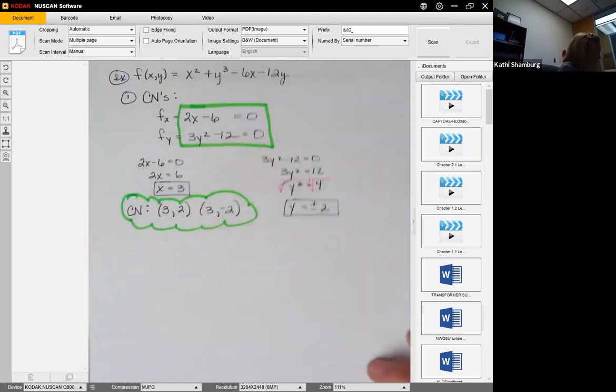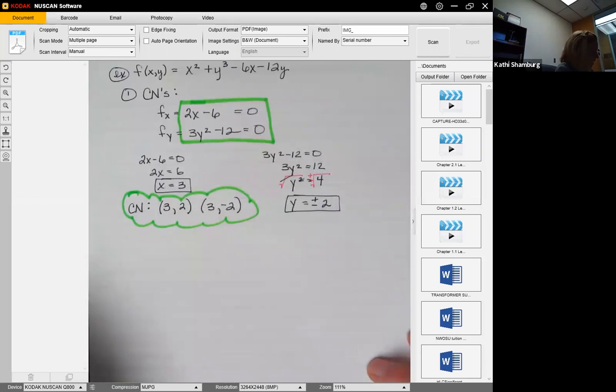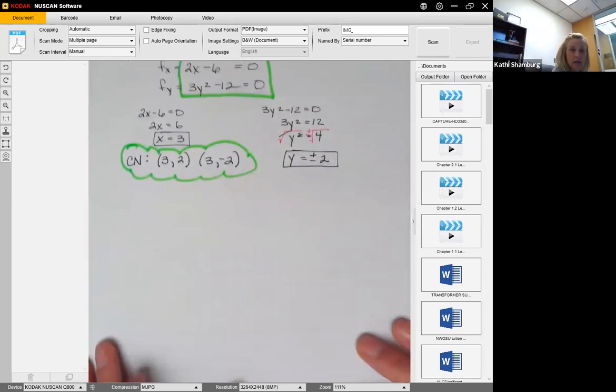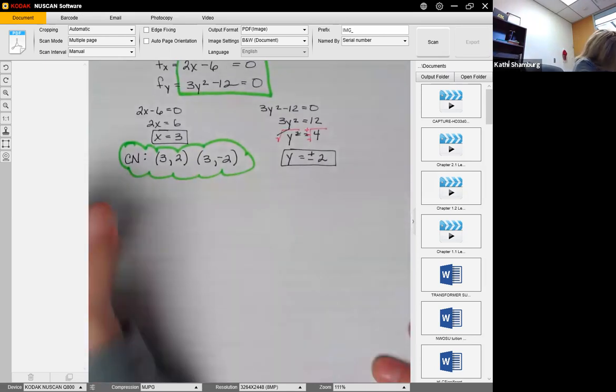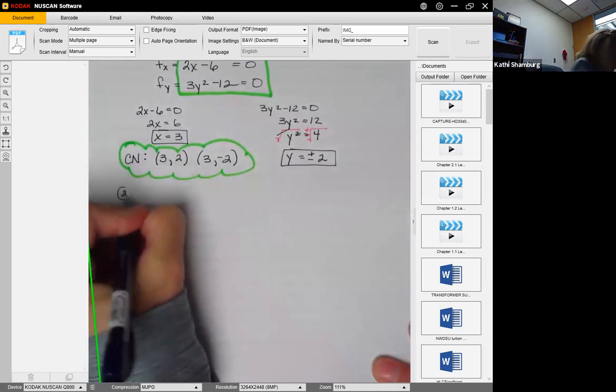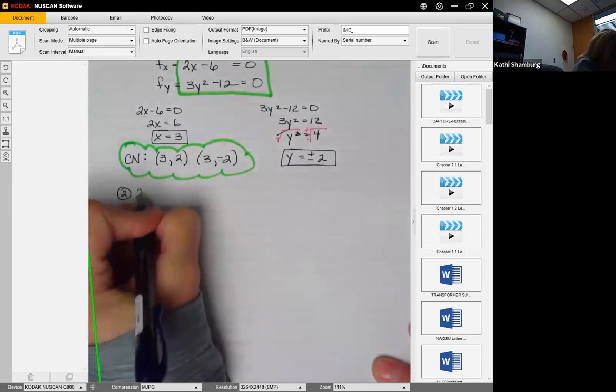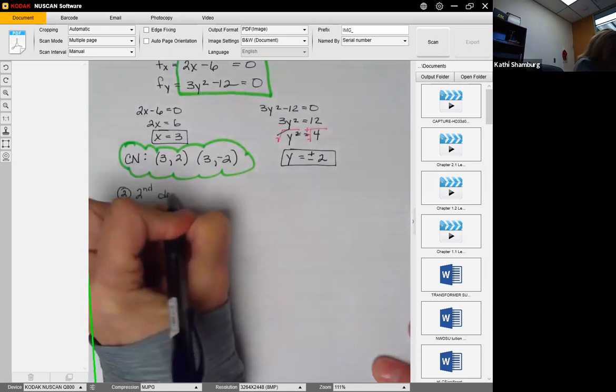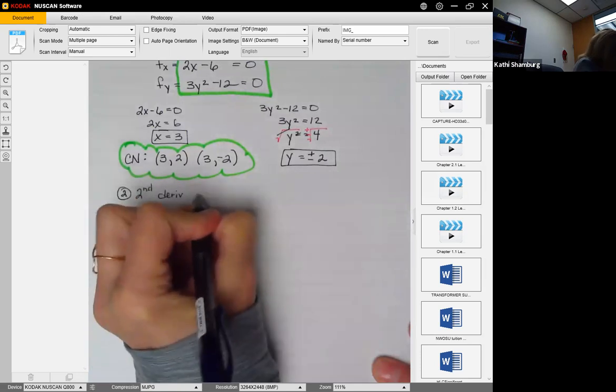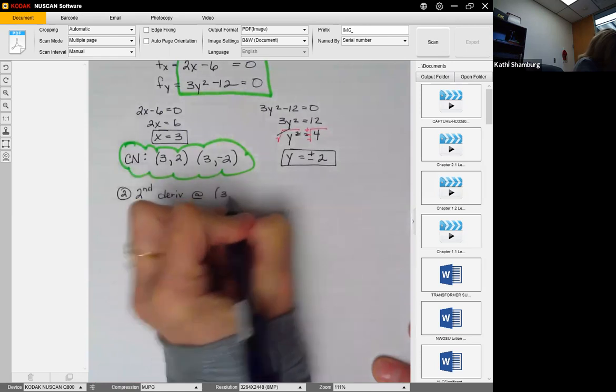All right, so let's look at how that affects what we do in our next steps. All right, step 2, second derivative at my critical numbers.